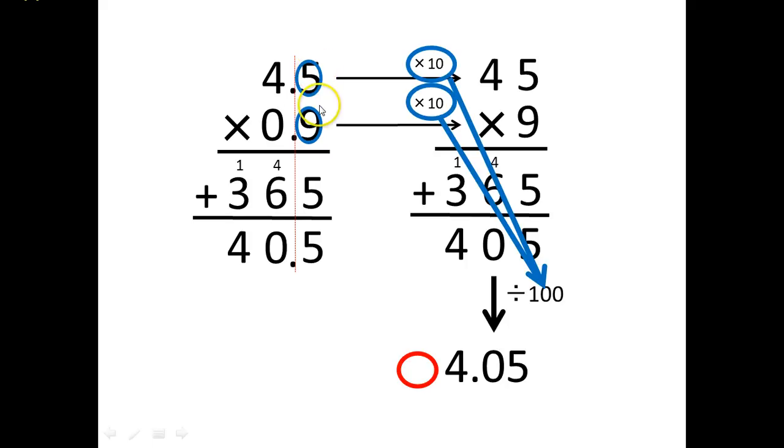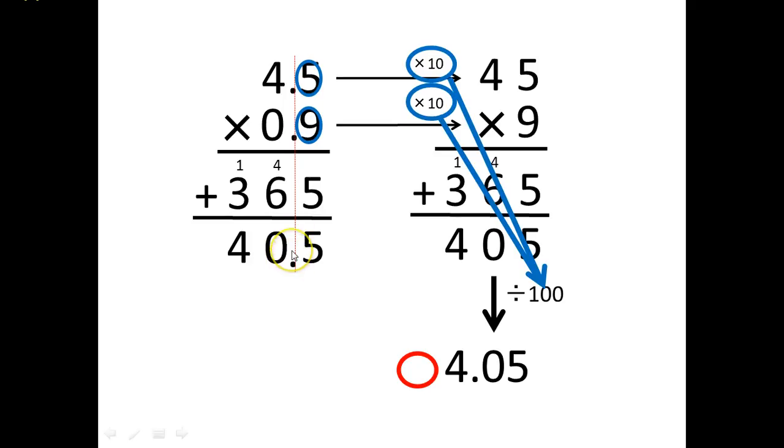Then what you do with this answer we have, which in this case is 405, because we have ignored the decimal point so far.